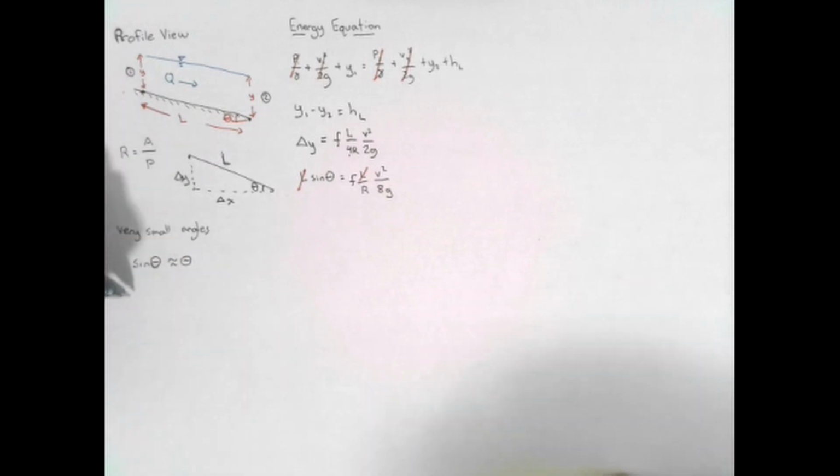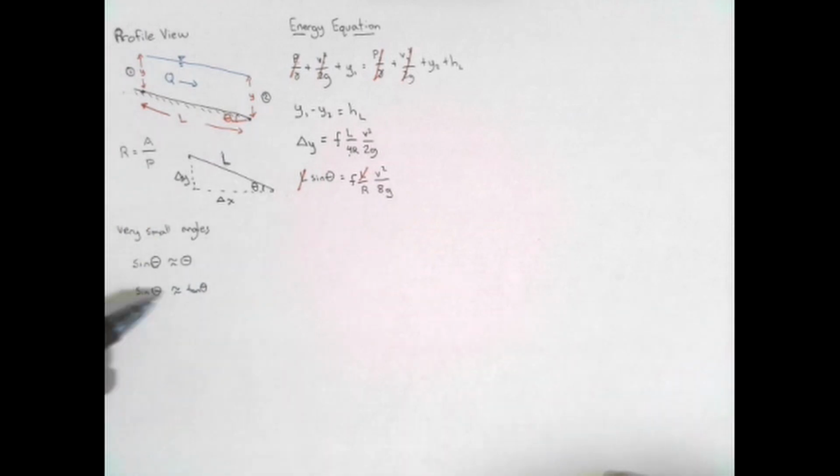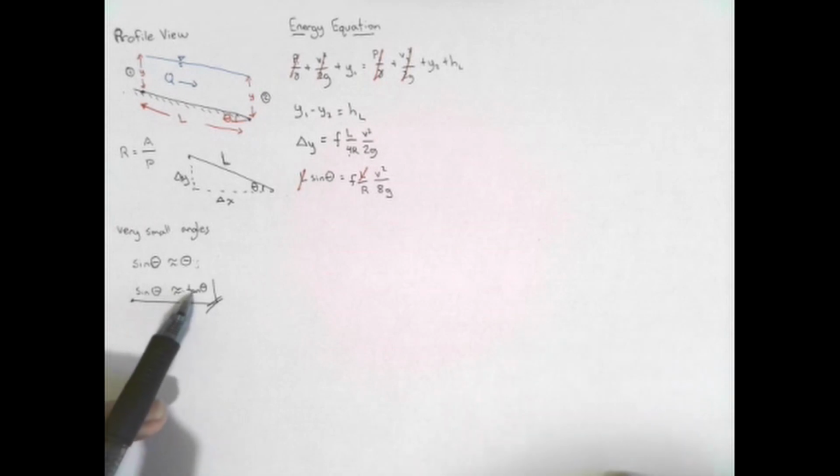Or we also get that the sine of the angle tends to be equal to the tangent of the angle. Now, why is this? Because we know from geometry that for very small angles, as the angle tends to 0, the sine of that angle also tends to 0, and the tangent of that angle also tends to 0. So what I can get from this geometric approximation is that the sine of the angle for very small angles tends to the tangent of that angle.